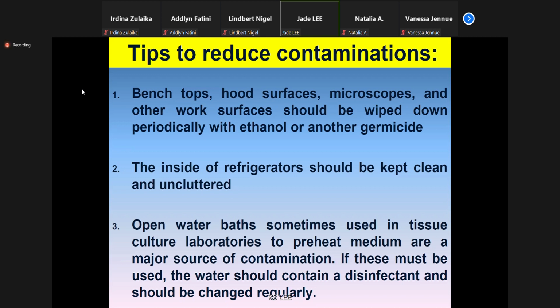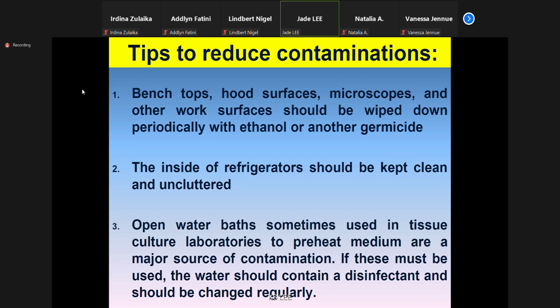So another one is the open water bath, sometimes used in the tissue culture laboratory to preheat medium, which is a major source of contamination as well, because you need to preheat. For example, if you culture a mammalian cell line, your media is usually stored at 4 degrees Celsius. So you need to preheat it to 37 degrees Celsius before you can culture your cell. Usually you put it in a water bath, and this water bath can be very dirty if you did not change the water or you did not put any disinfectant.